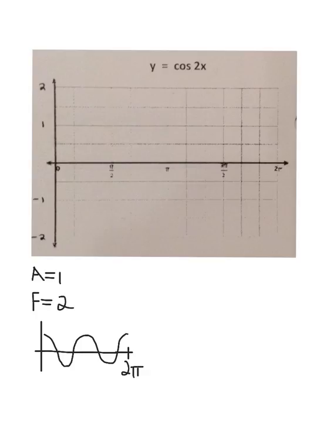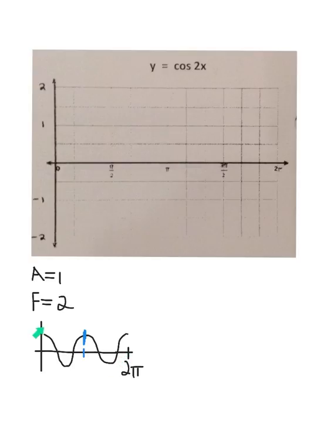Now we need to make that look nice and pretty. The most important part for the beginning is where this is on my x-axis. If this is 1 curve, and from here to here is 2 curves, this should be at pi, correct? Right smack dab in the middle of 0 and 2 pi.